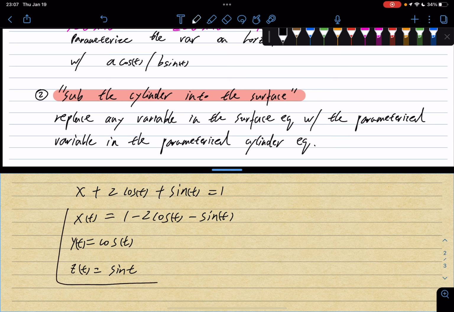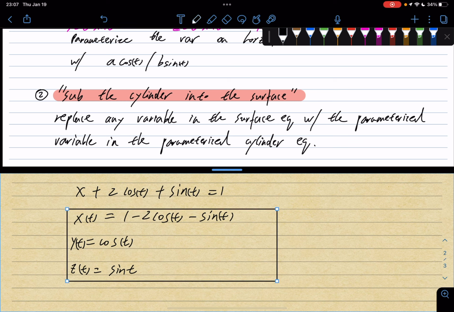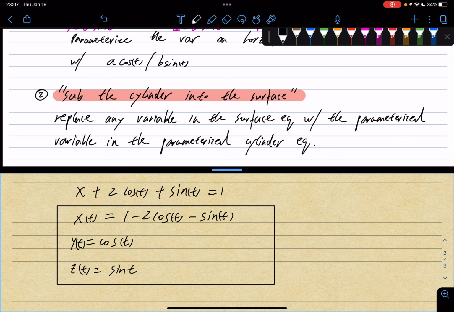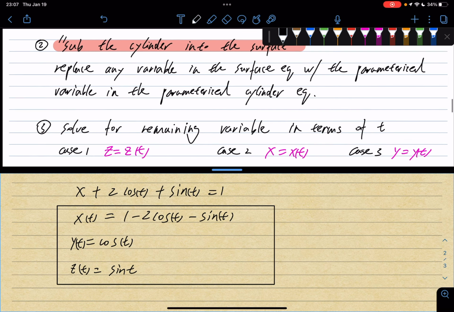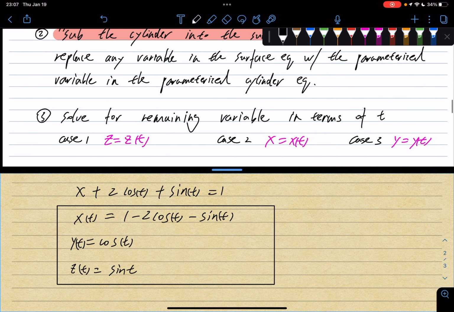So now this is the curve describing the intersection curve. Step 3 is to solve for the remaining variable in terms of t.